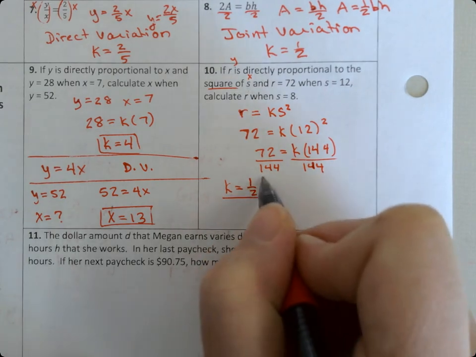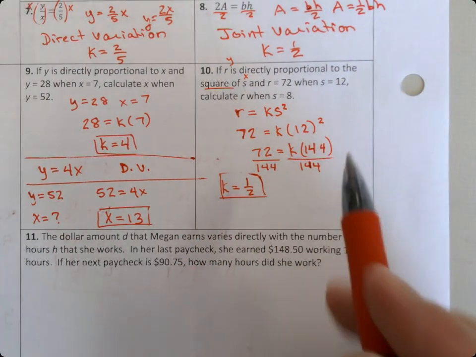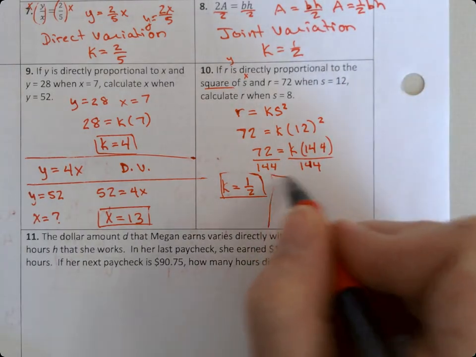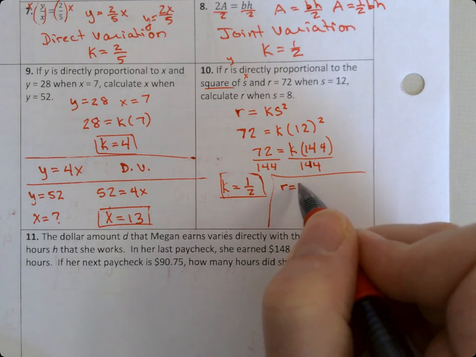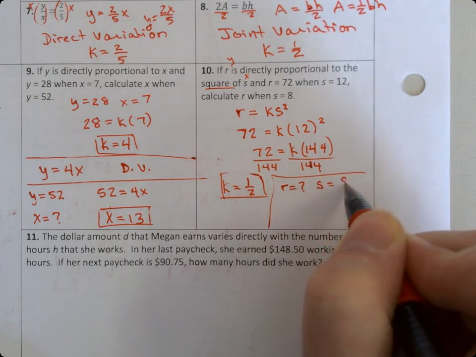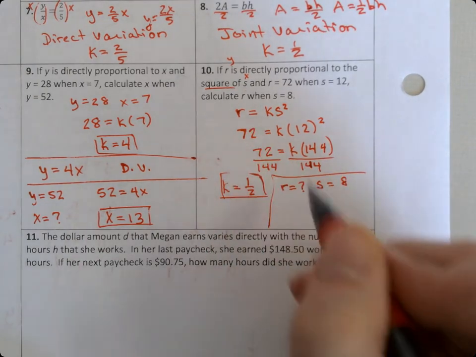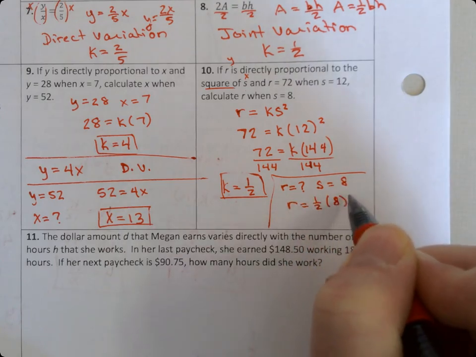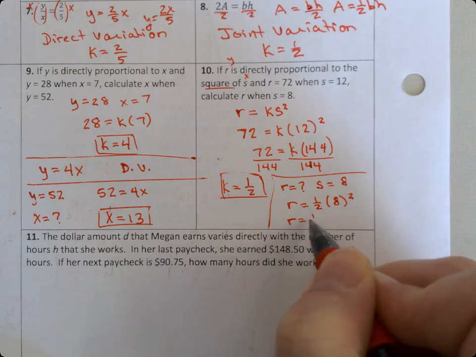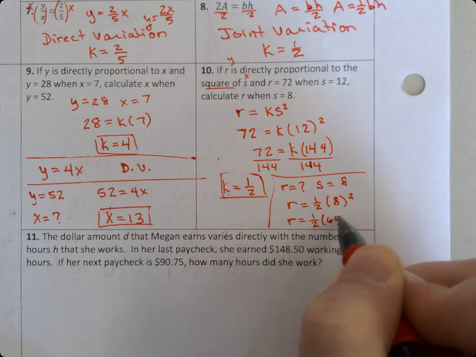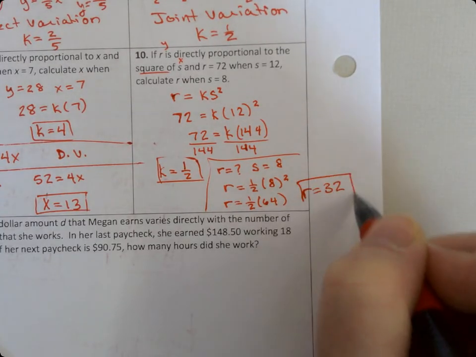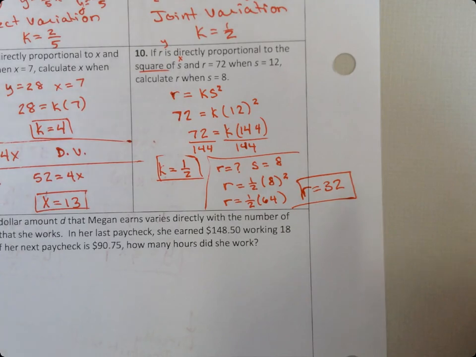Now, you're not done yet, because it wanted you to find r when s is 8. So I need to find r when s equals 8. So go back to your original. R equals 1/2 times 8 squared. Well, isn't that 1/2 times 64, which is 32. R equals 32. Am I waiting? Did someone say wait?